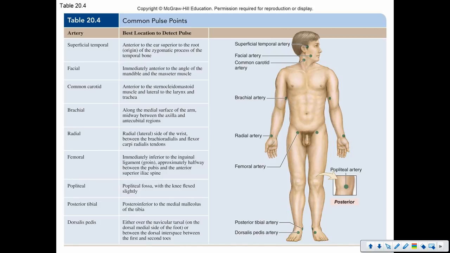The pulses can give you lots of information, but what they'll tell you is whether you have adequate blood flow through that area, or the blood is moving through. The arteries are patent, and they're maintaining their structure to allow for the blood to pass through. So you always have to be careful and make sure that you're monitoring and measuring the blood flow at those pulse points.